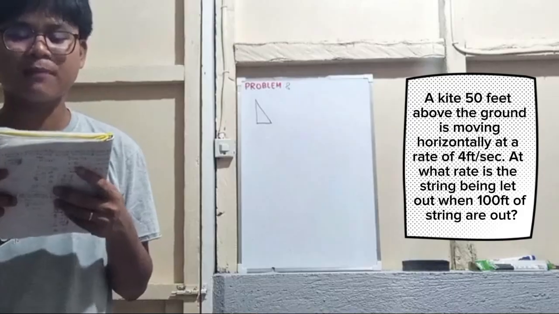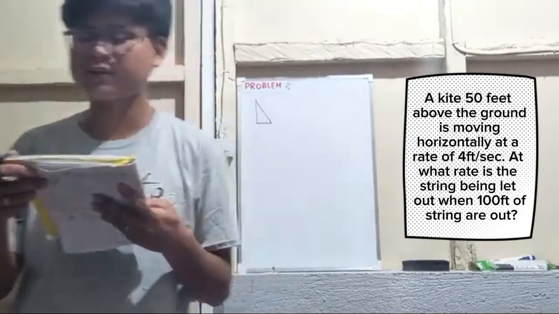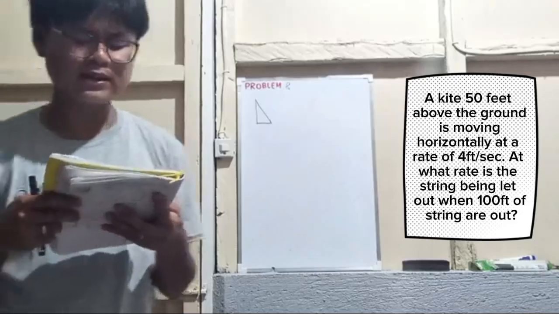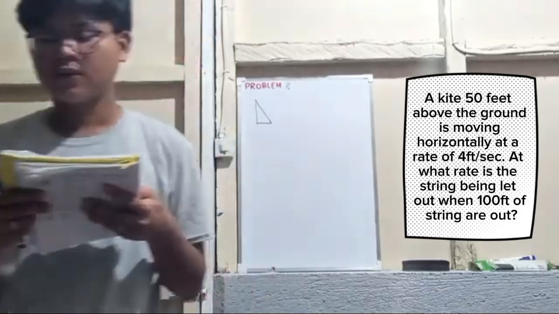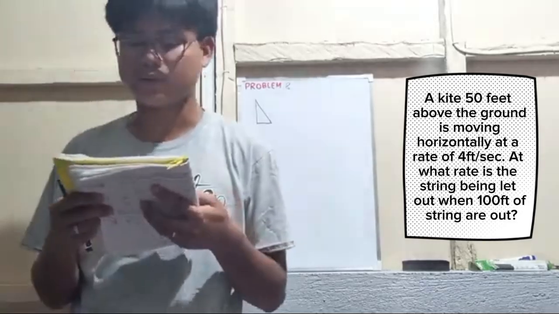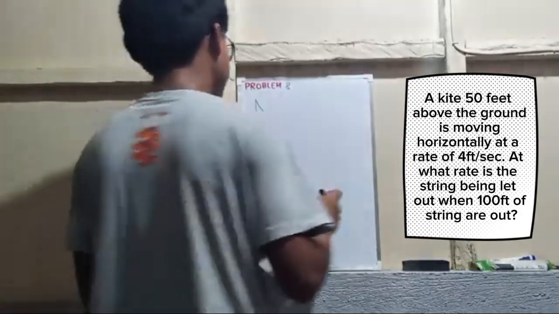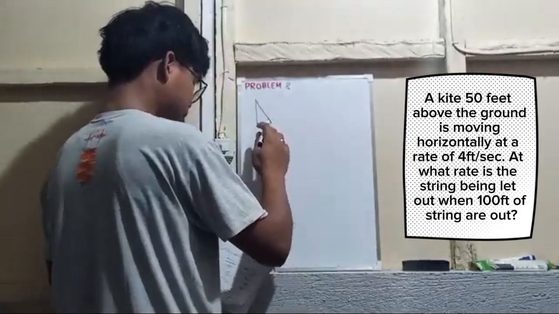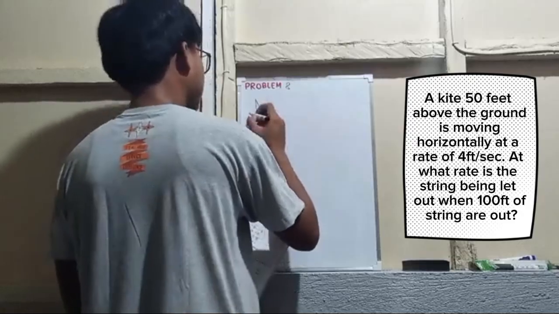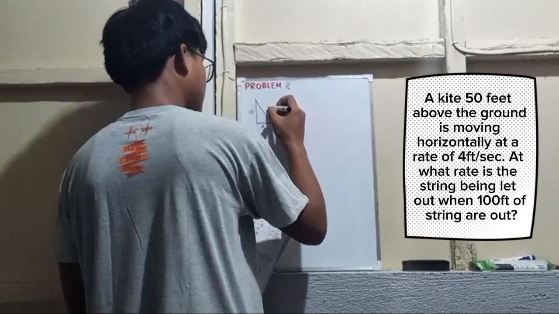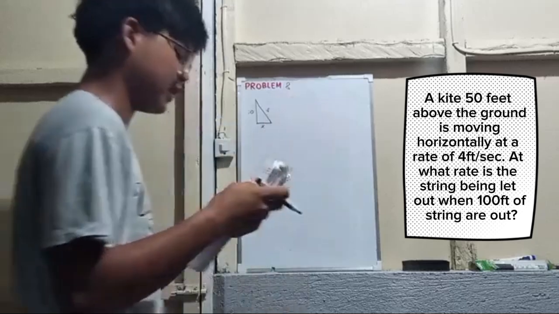A kite 50 feet above the ground is moving horizontally at a rate of 4 feet per second. At what rate is the string being let out when 100 feet of string are out? So first, we'll draw the problem. Since it is a kite, we have a right triangle. So we have y as 50, we have x, and we have s as the string.